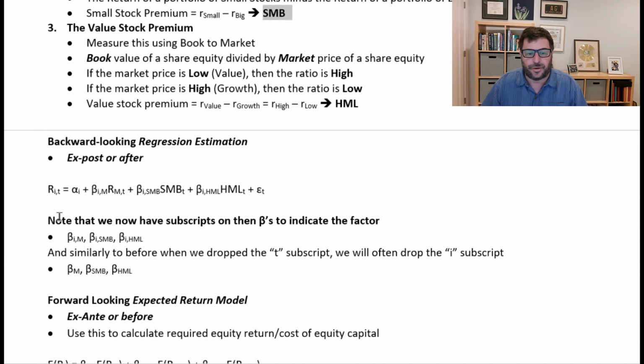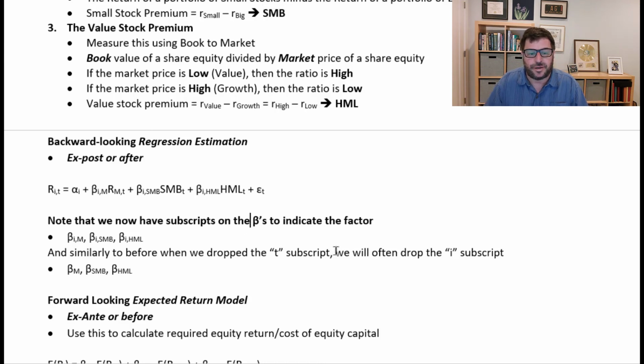And so here's our model. We have the return of our stock or our portfolio, and now we're going to estimate not just a single beta, but 3 betas. We're going to measure the beta on the market, the beta on the small stock premium, and the beta on the value stock premium. So note that we now have subscripts on the betas to indicate each of the factors.